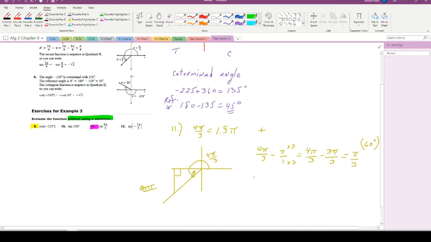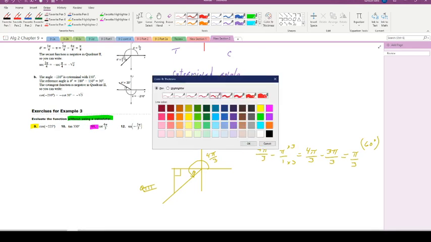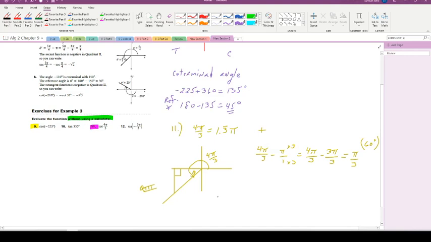What I'm going to do first is find the tangent over here, and then I'm going to switch it around. So the tangent of pi over 3, because if this is 60, this is 30, this has to be 1.